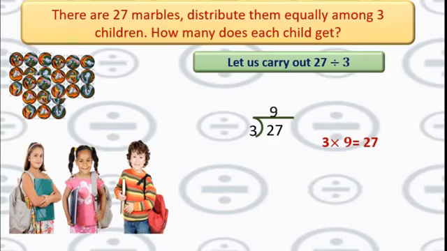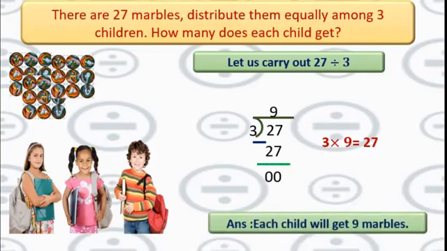So I will write 9 up as a quotient and 27 below this 27. Now we are going to subtract this 27 by 27. So we will get 0. Correct? Means each child will get how many marbles? 9 marbles. According to our method, each child should get 9 marbles.